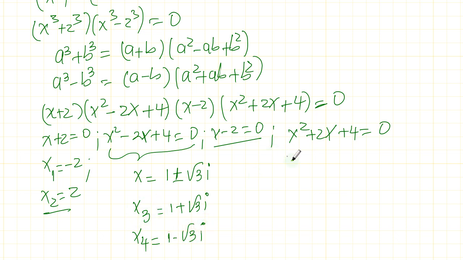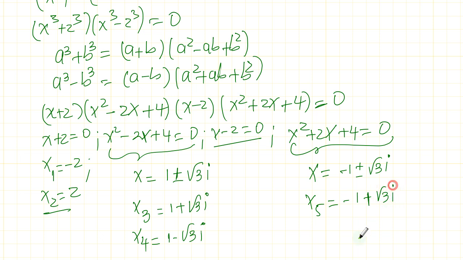Okay, and solving this one here, guys, we're going to have x equals negative 1 plus or minus square root of 3i. So we have then x5 is equal to negative 1 plus square root of 3i, and x6 is going to be equal to negative 1 minus square root of 3i.